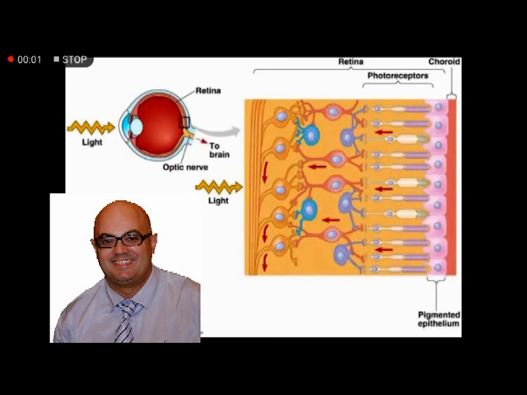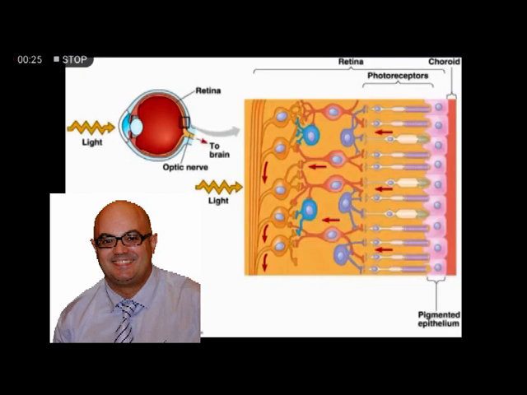Now in the photoreceptors, the signal is either conducted one-to-one as seen in the cones, where one cone will convey the signal to one bipolar cell, and then from one bipolar cell it will be conducted to one ganglion cell. This is called one-to-one connection, which is seen only in the macula.